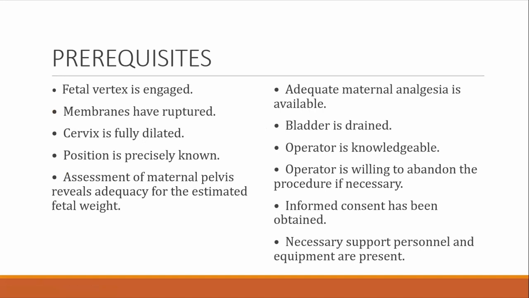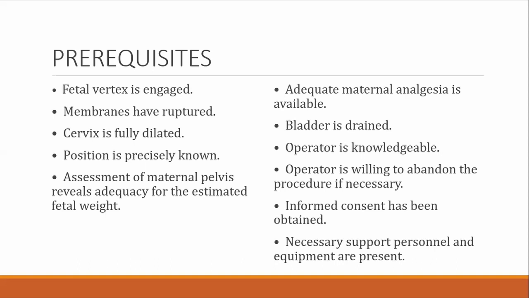This is specifically applied in the case of vacuum, because there are some scenarios where we will use forceps in the absence of vertex presentation, in other presentations also. For example, in the case of breech presentation, specialized forceps can be used for the after-coming head in breech delivery.